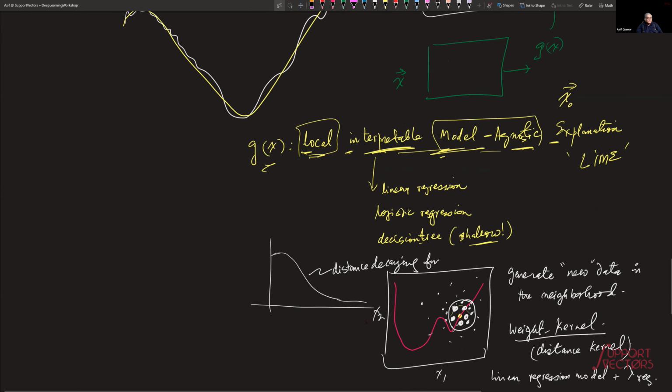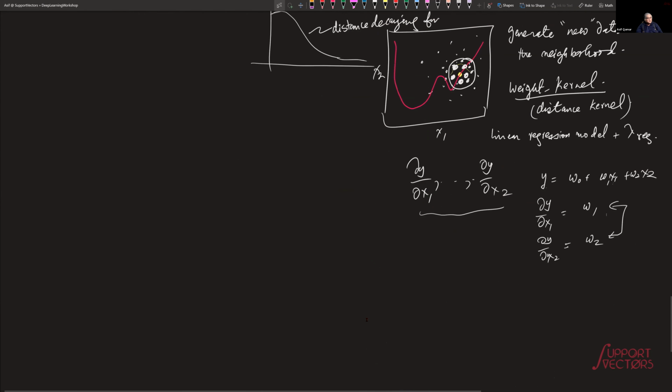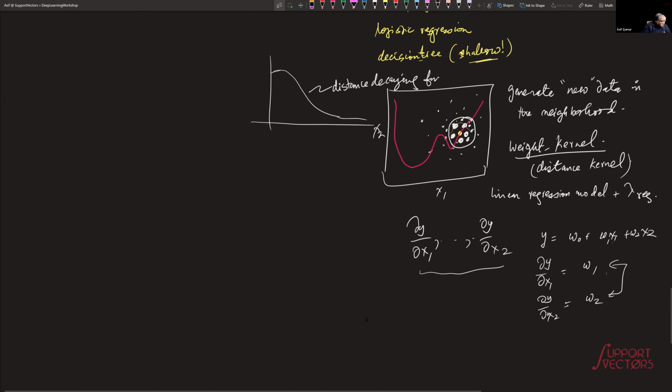So yeah, one last thing I would like to do is also write the loss function. The loss function says that your g(x), or your explanation near the point x, is given by this.